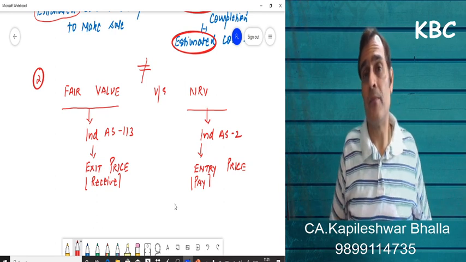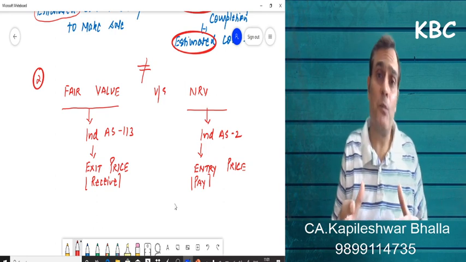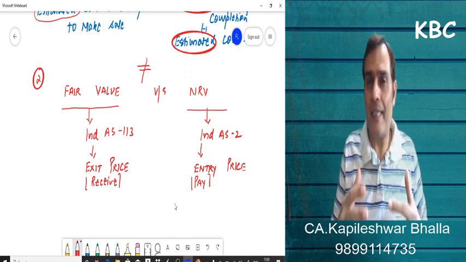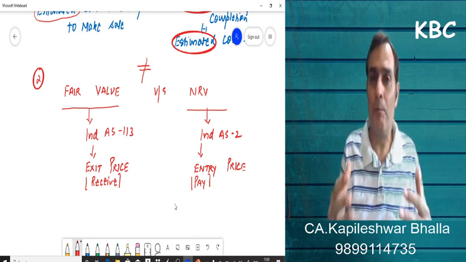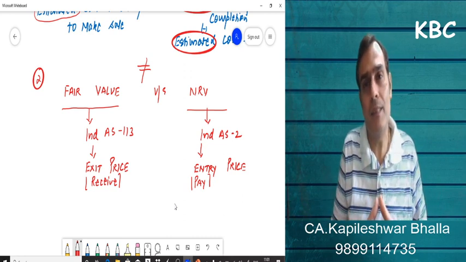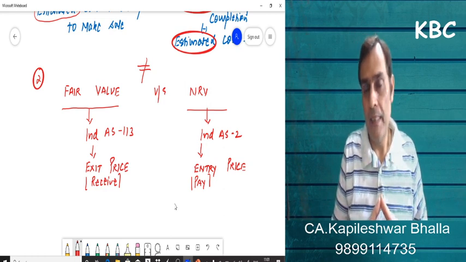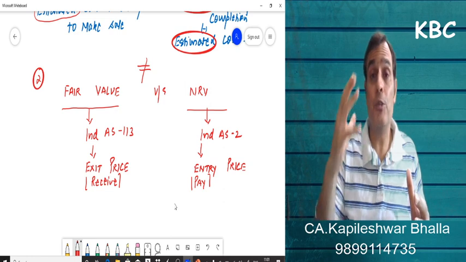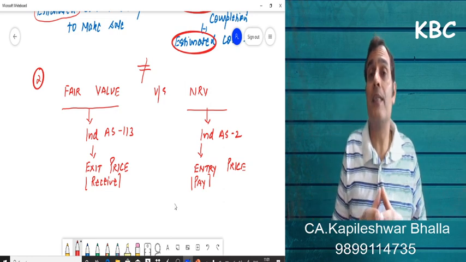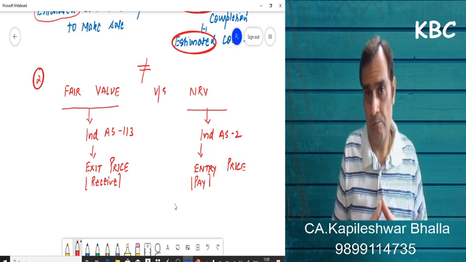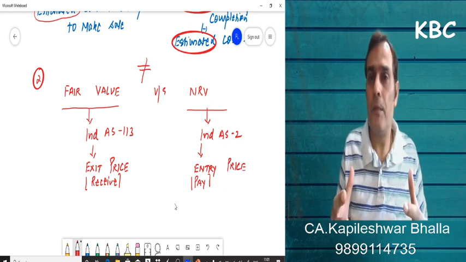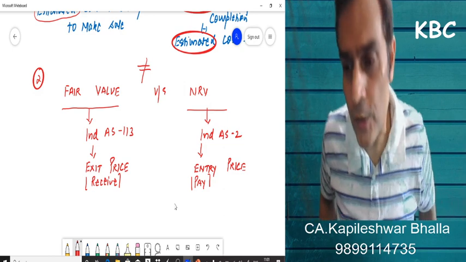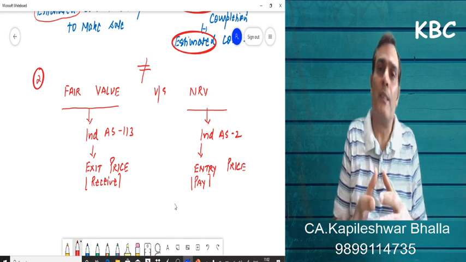Let me tell you, if you look at the papers coming of late, financial reporting is not a paper on the traditional accounting concept. It is a paper which is focusing on the larger concept. So you need to study the concept and you're going to get case studies based on that. The demand of the paper is very different, because many people at times ask me, why do you teach from the text of the standard?